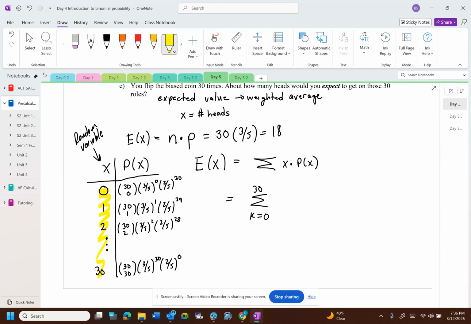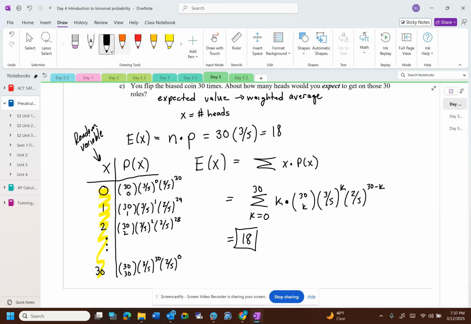I take that value, which in this case is k, and multiply it by its probability: 30 choose k, the probability of success 3/5 to the k, and the probability of failure 2/5 to the 30 minus k. If you plug this into your calculator, you will get 18, the same as you did with the shortcut.